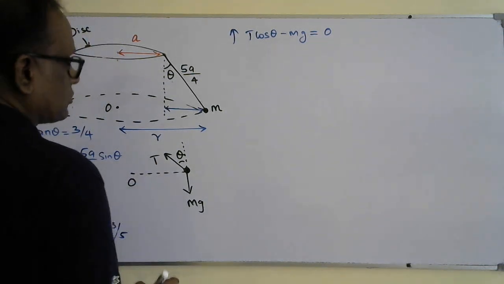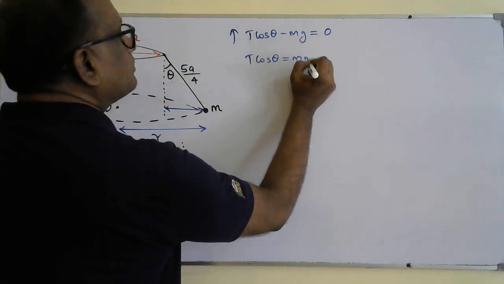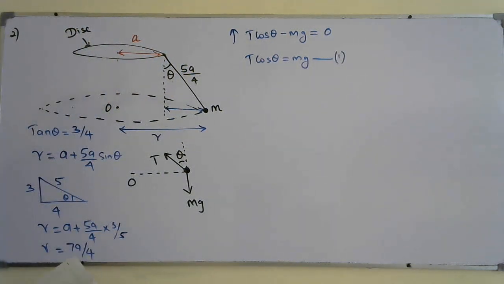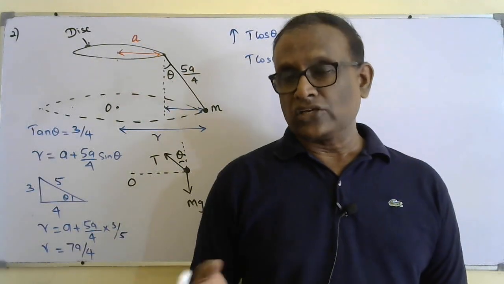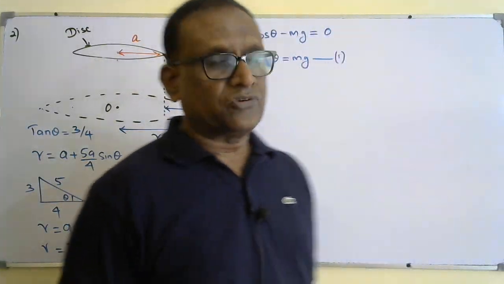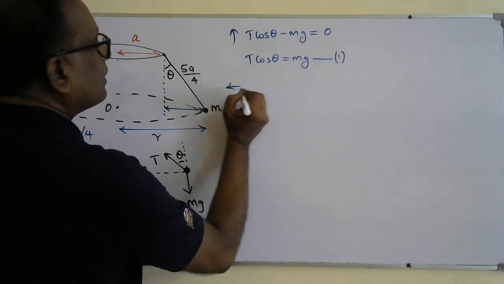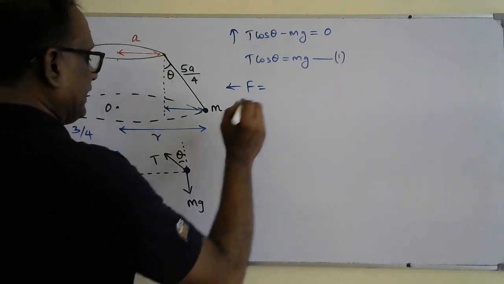These are the two actual forces acting on it. So T cos theta equals mg. Then the centripetal force, the resultant force towards the center of the circular path, is F equals the resultant force towards the center O, which is going to be T sin theta.